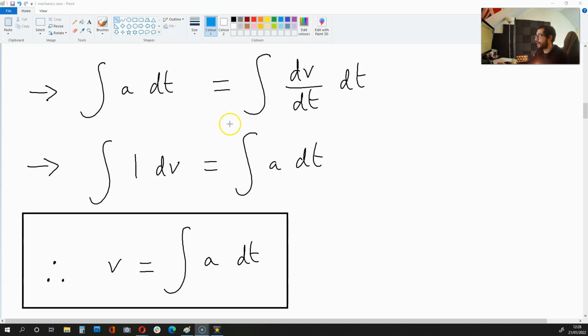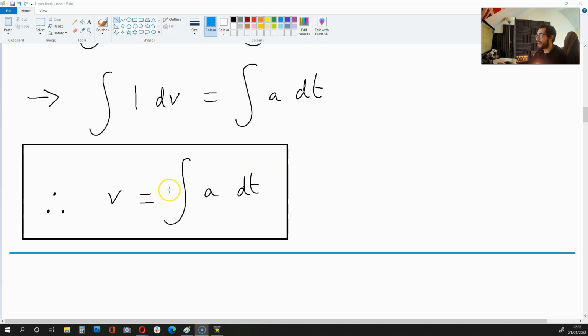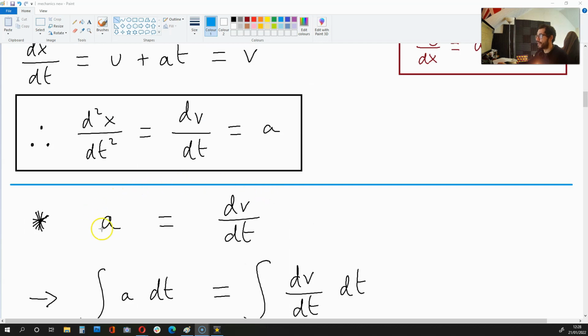And this up here gives us this, okay, because we have dv over dt and dt over here. And from here, we simply get v is this over here. So we've shown that to obtain the velocity from the acceleration, you simply integrate with respect to time when you have this equation over here.